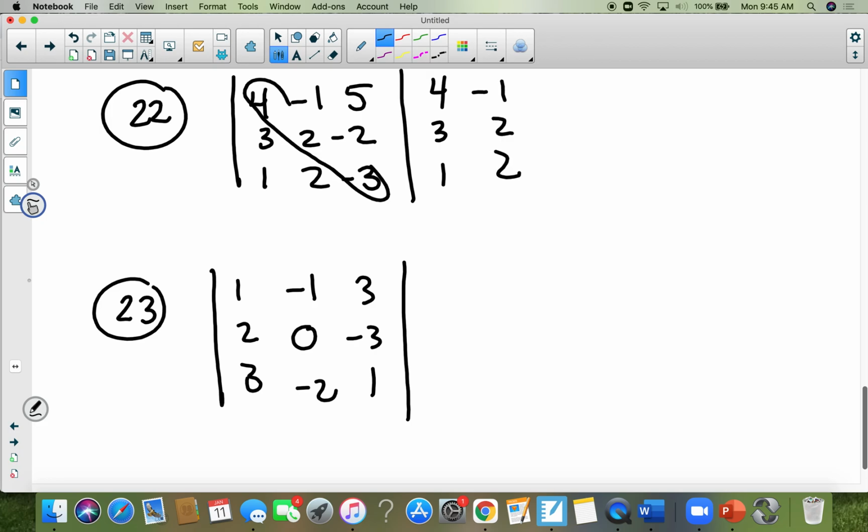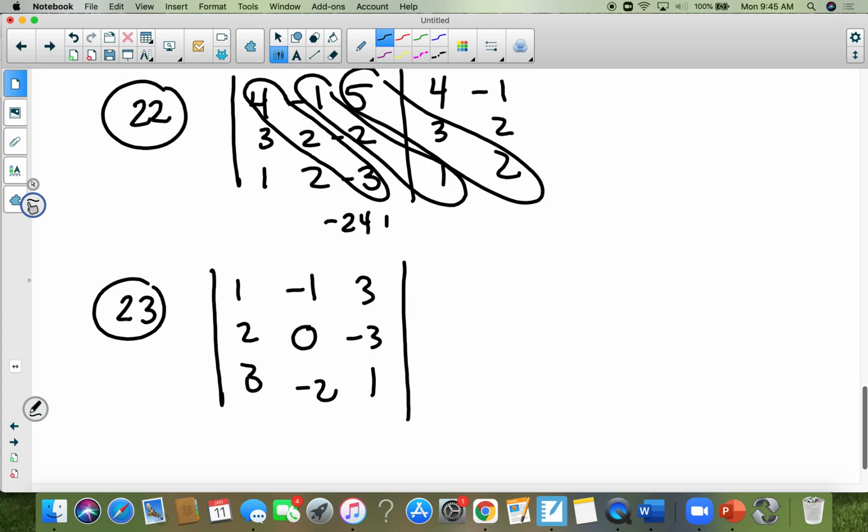You have to do this and this and this first for number 22. So you're going to get 8 times negative 3 is a negative 24 plus 2 plus 30 minus 10.